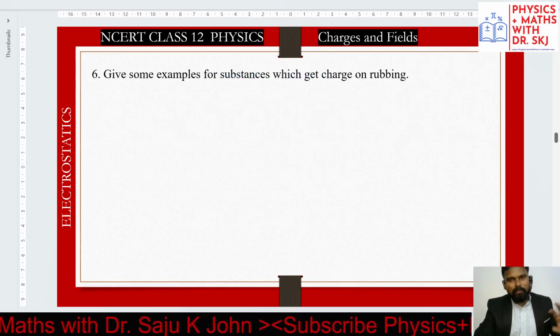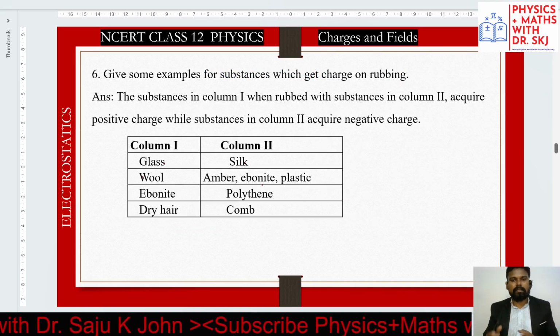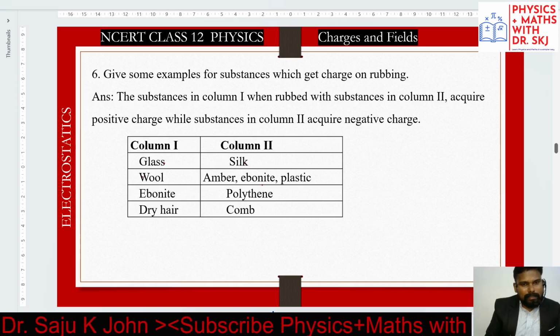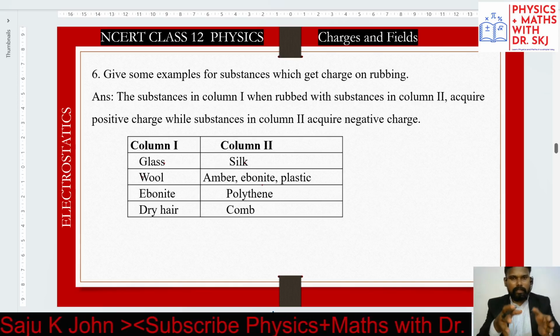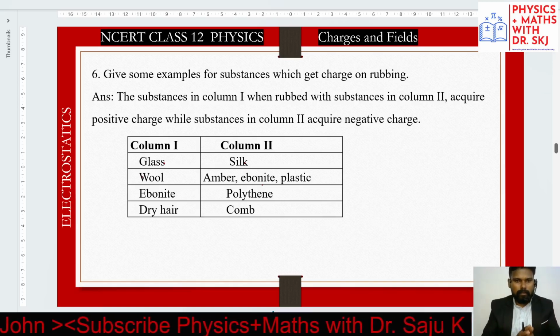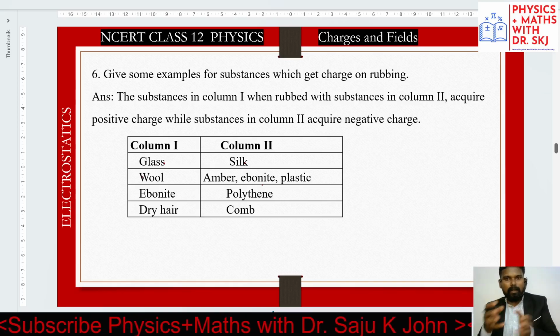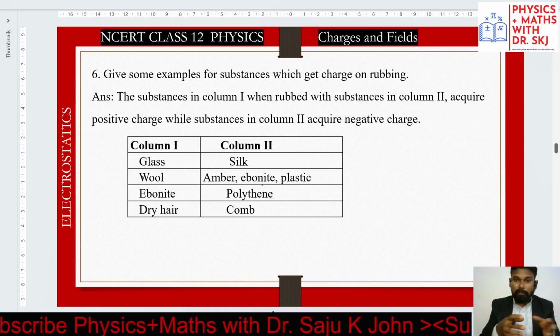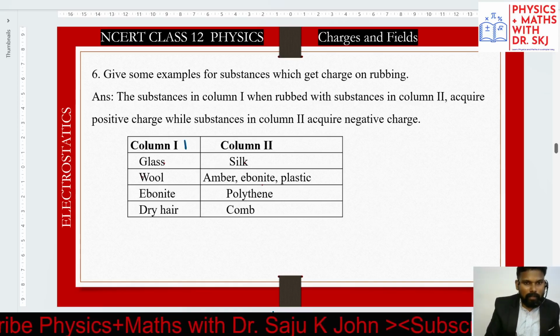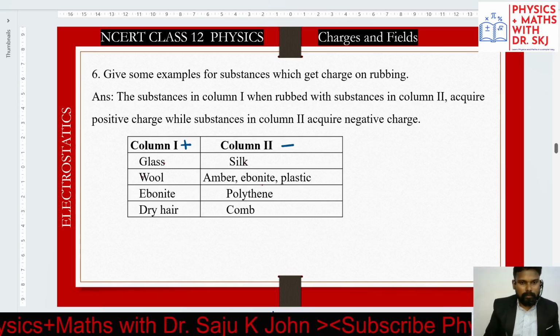Now we are going to other examples of materials which can be charged by rubbing. We discussed the case of glass rod and silk. Actually, I have classified the materials into two columns. The materials in column 1 will be positively charged when rubbed with the materials in column 2.